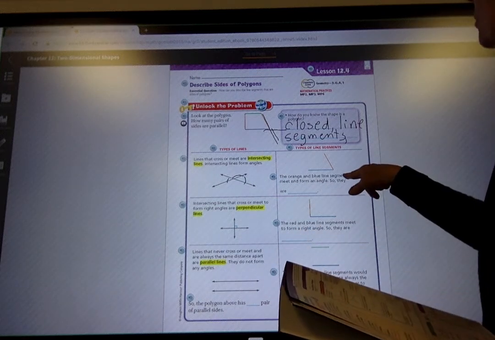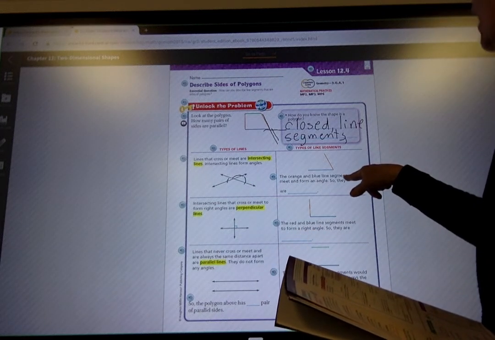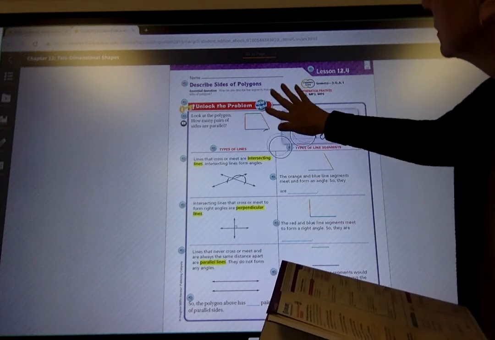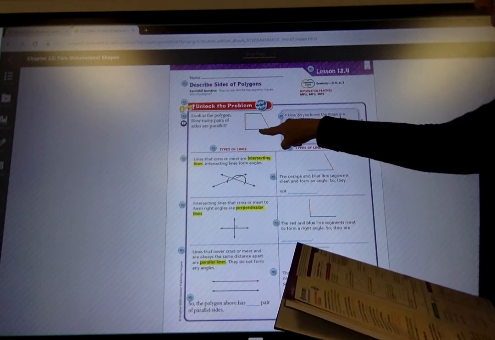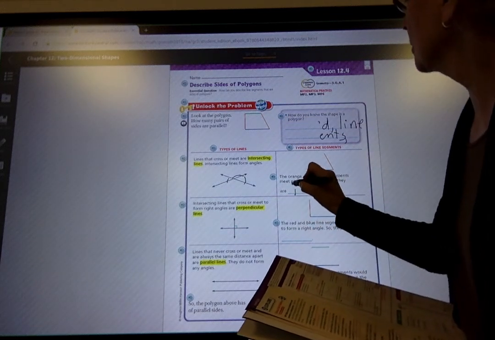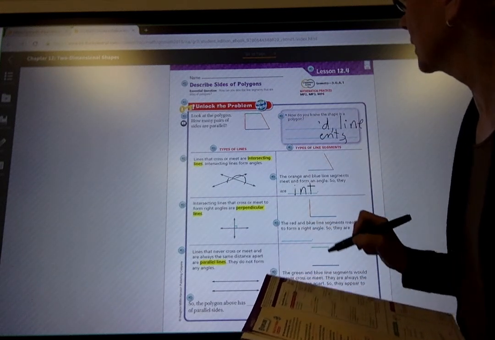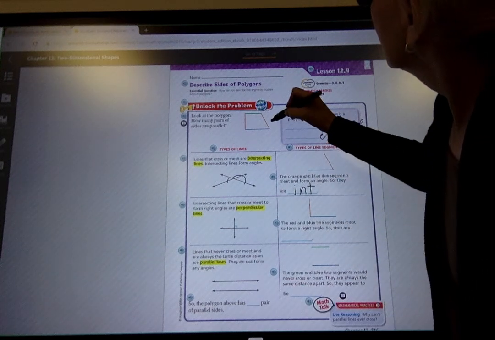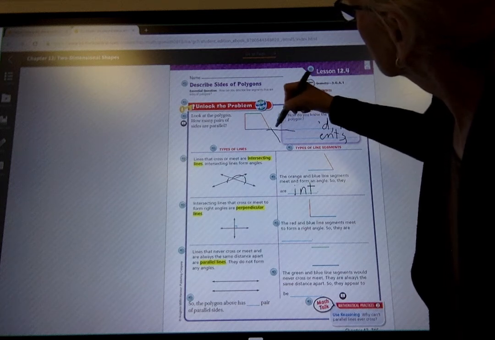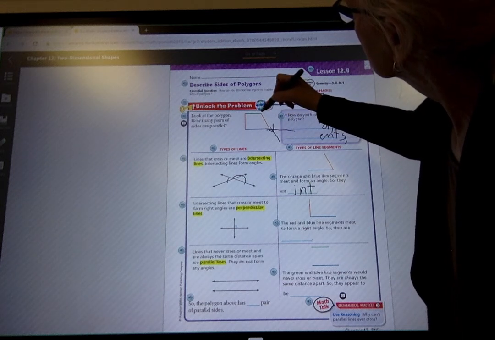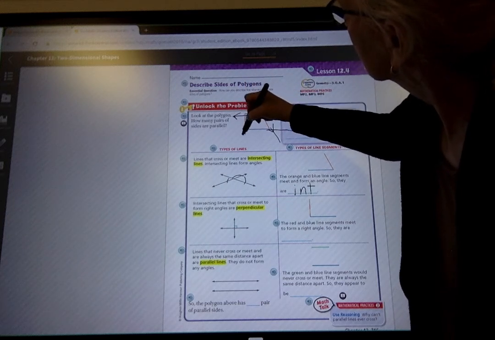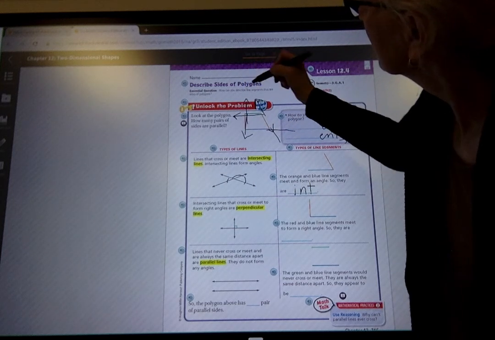The orange and blue line segments meet and form an angle. So they are intersecting lines. I'm just going to abbreviate INT for intersecting. I mentioned that we could continue these. If these were truly lines, they would continue on past the figure. Okay?